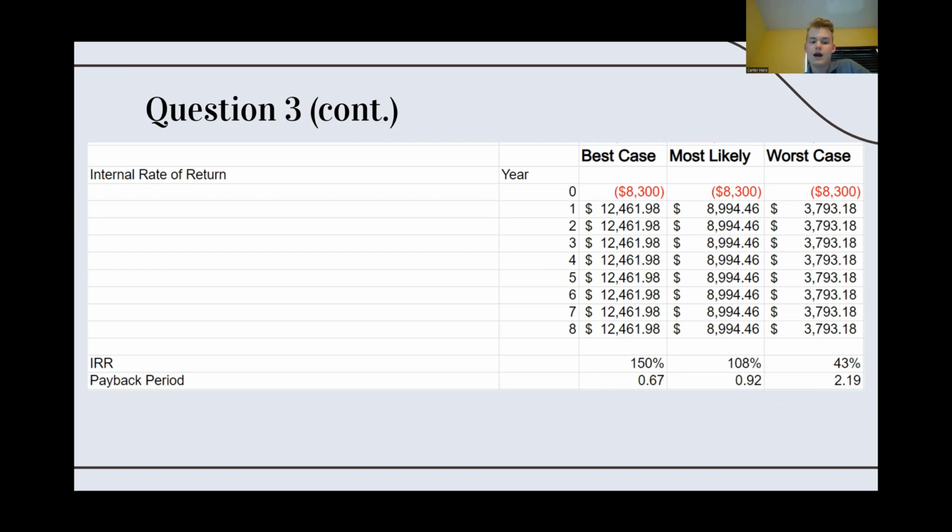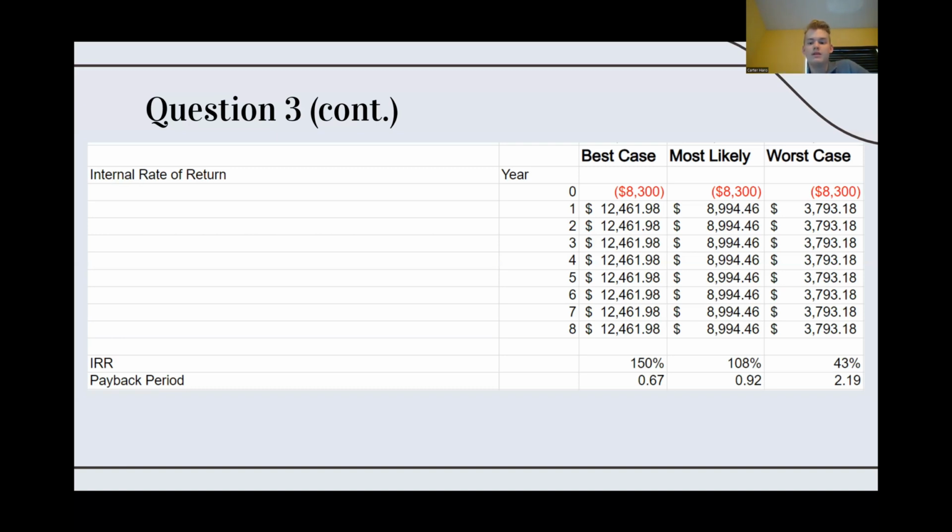We then use the IRR equation and select from year 0 to 8 to get an IRR of 150% for best case, 108% for most likely, and 43% for worst case.